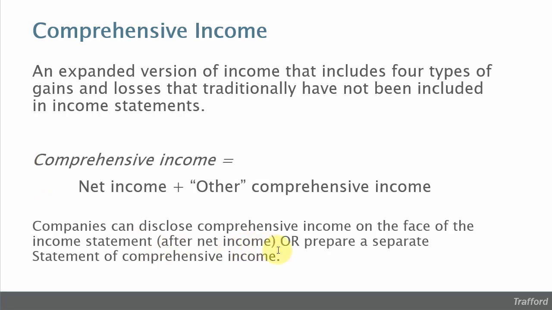Or, and the second way is actually much more common in financial statements currently, most companies choose to just prepare a separate financial statement, and this statement is called the Statement of Comprehensive Income. And this is usually a pretty short statement because it just starts with net income from the income statement, and then they add or subtract the various types of OCI items that have happened during the current accounting period.